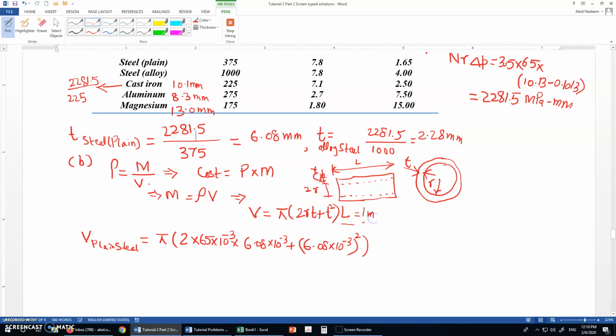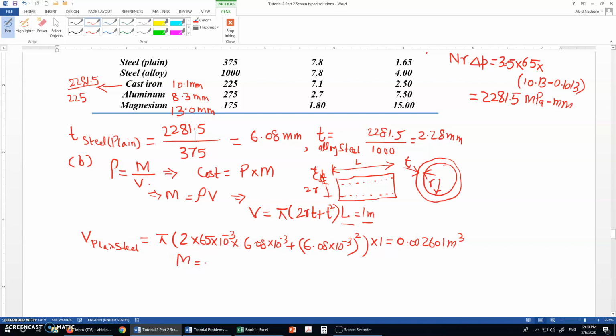So that means all the values will be based on a 1 meter length, which is okay, since we can compare these materials based on their 1 meter length. So in this case it will be 0.002601 cubic meter. From this volume then you can find the mass or the quantity.